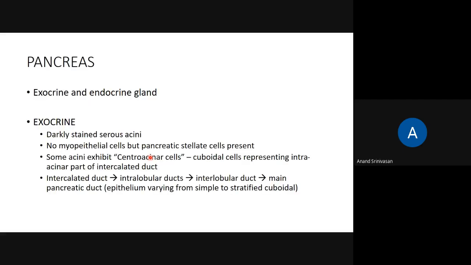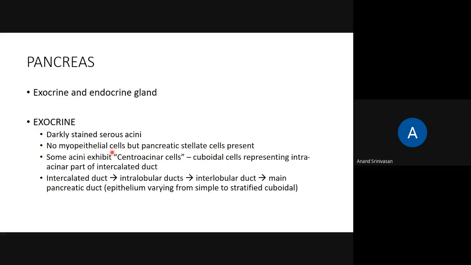All right, the last is the pancreas. The pancreas is already dealt with in the gastrointestinal module, so I will only discuss a few specific points with regard to the endocrine aspects here. The pancreas is both exocrine and endocrine, that is, it has both a ductal and a ductless structure. The exocrine parts are darkly stained because of the serous acini.